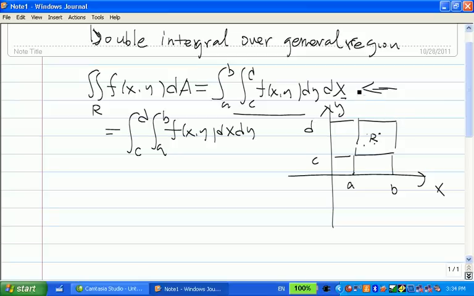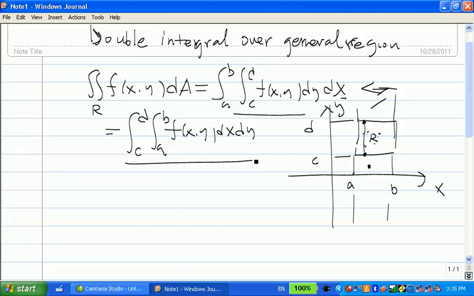So anything in this strip has its x between a and b. Obviously, this point is not in that region, so we have a restriction for the y coordinates too. For the point to be inside region R, your y must be bigger than c and less than d. That's why we go from c to d.